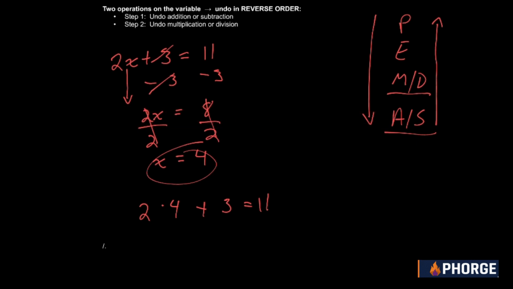Do we have any exponents? No, we do not. Do we have any multiplication or division? We do. We have 2 times 4, which is equal to 8. Then we have plus 3 equal to 11. Any more multiplication or division? Nope. So now we can move down to addition and subtraction. 8 plus 3 is equal to 11. So we have 11 equal to 11. Boom. True statement. Good to go.